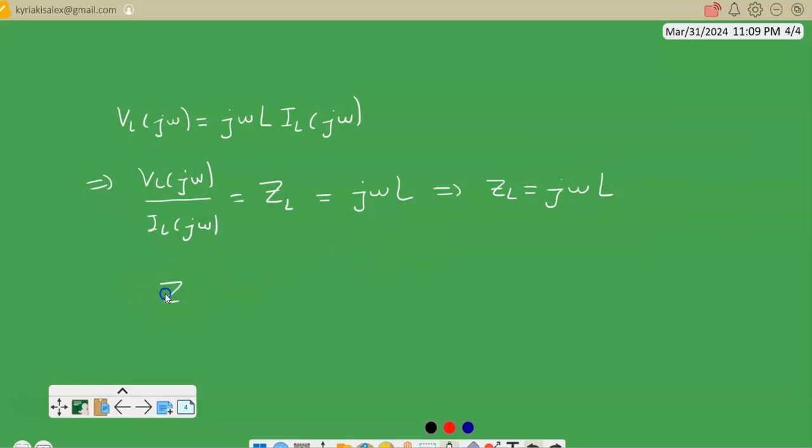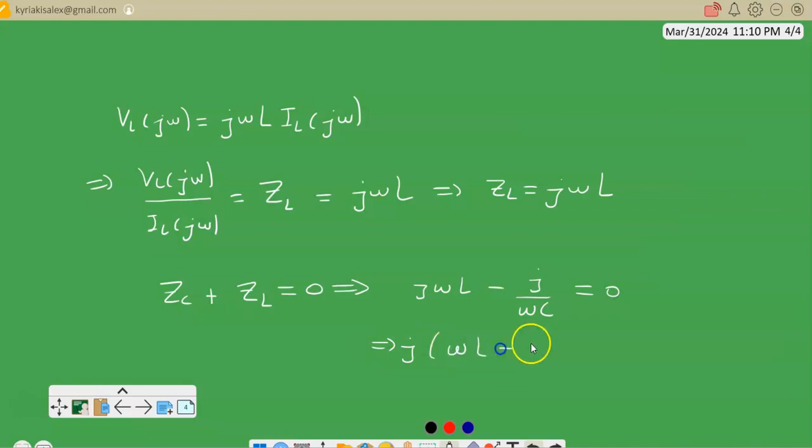The total impedance, the impedance of the capacitor plus the impedance of the inductor, is equal to 0. This is j omega L minus j divided by omega C equal to 0. This should be equal to 0.